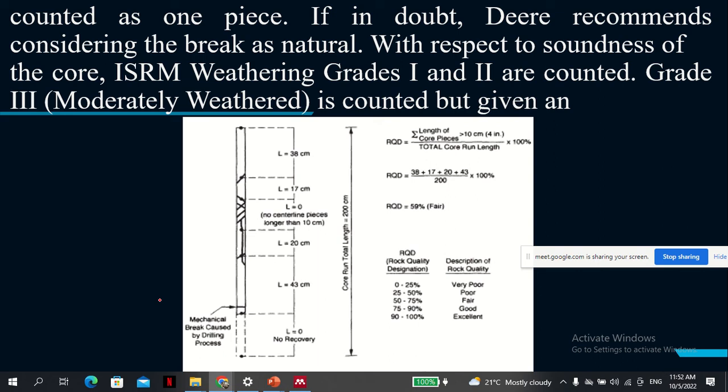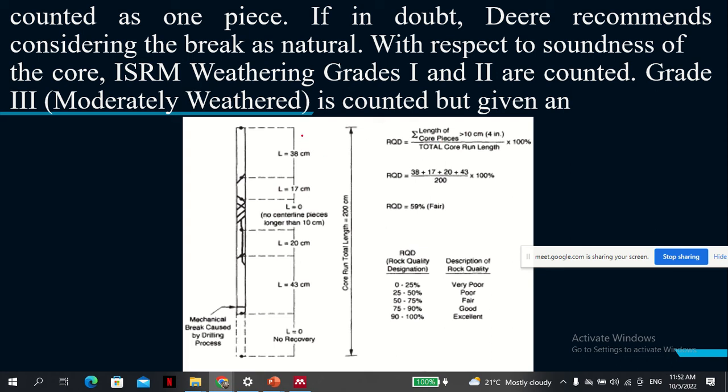I think that is a good example showing you how the percentages are computed. We are considering the sum of lengths that are greater than 4 inches. So we only consider the ones that are greater than 4 inches.